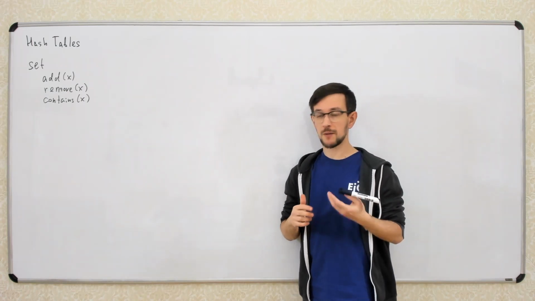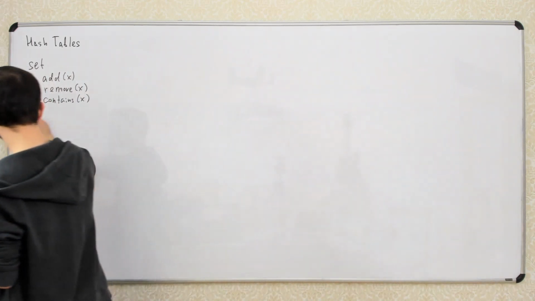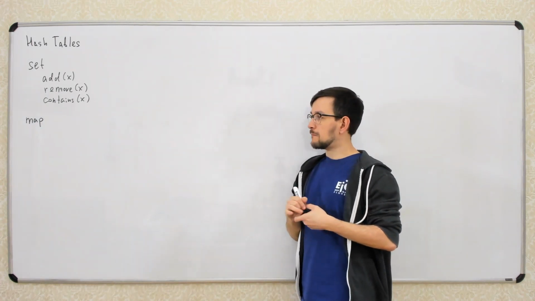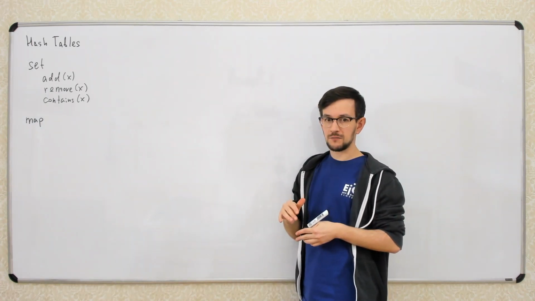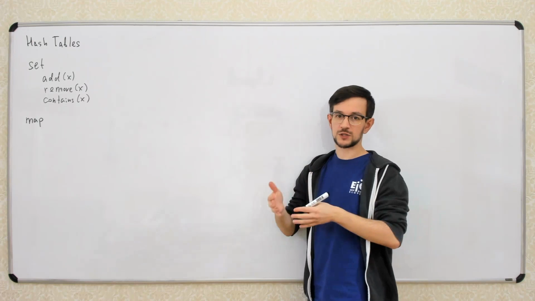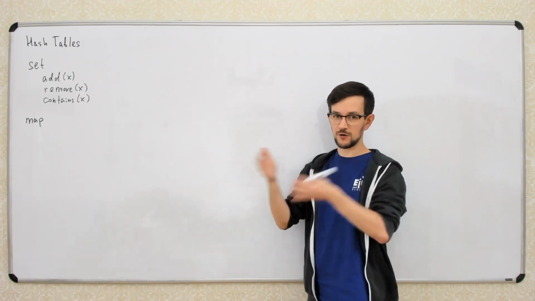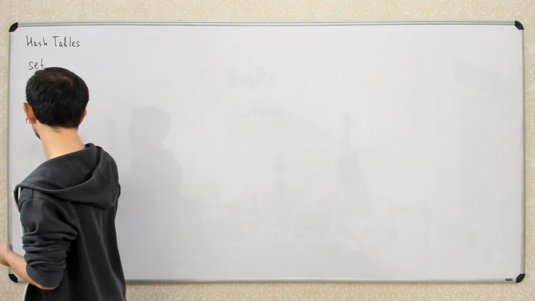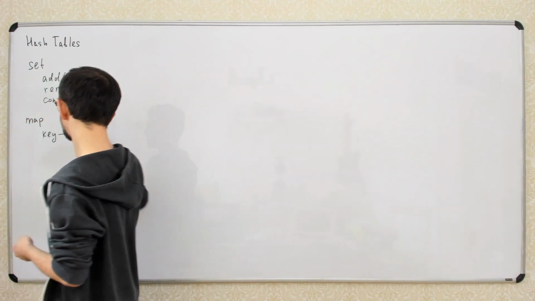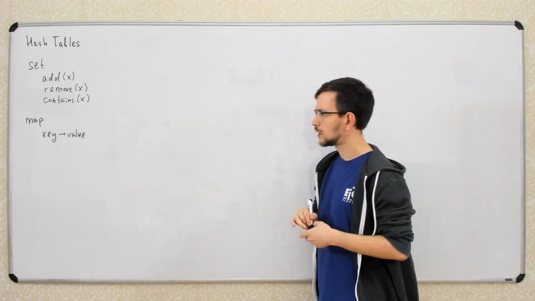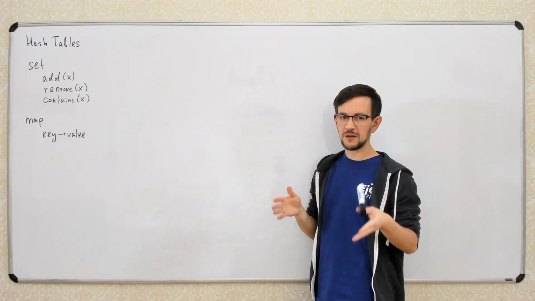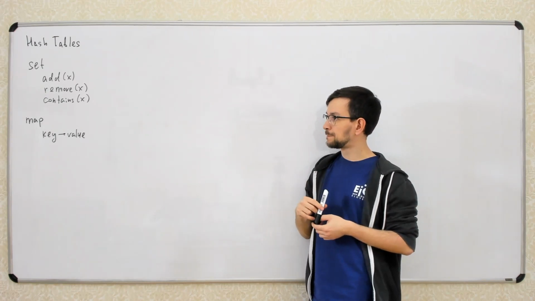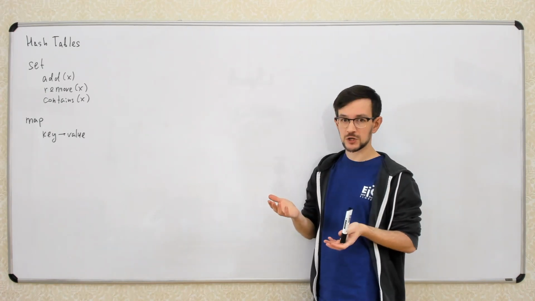Another data structure is map, of course. Map is basically a mapping from some objects to other objects. They call it the key object and the value object. So it's mapping from keys to values. It's basically like an array, but as a key you use an object. So what are the basic operations with maps?